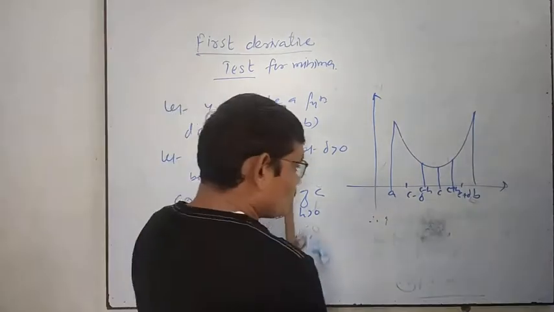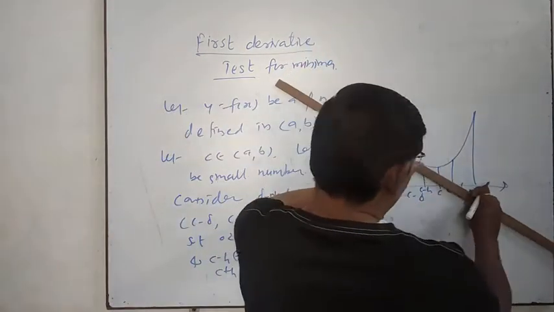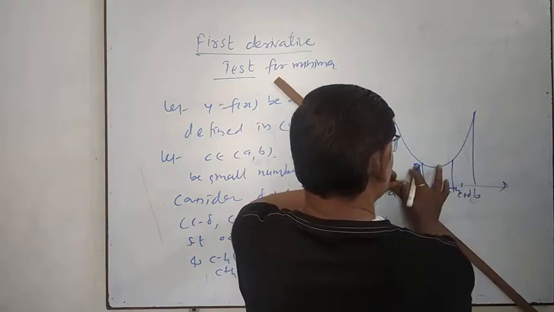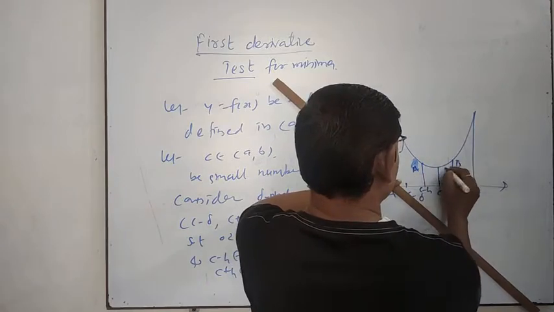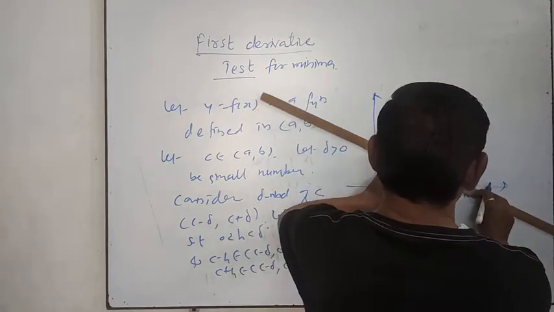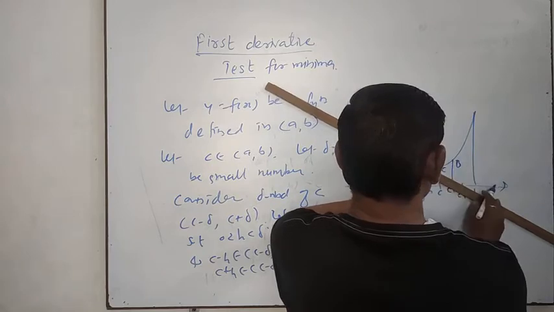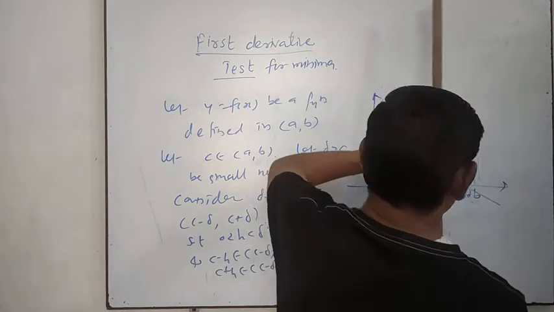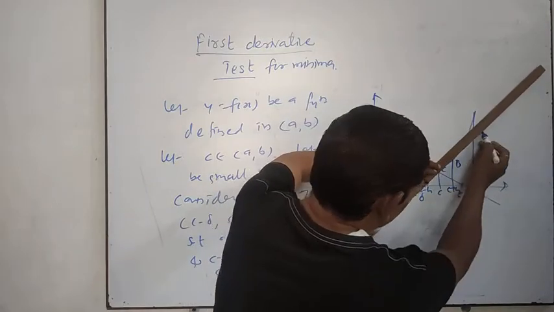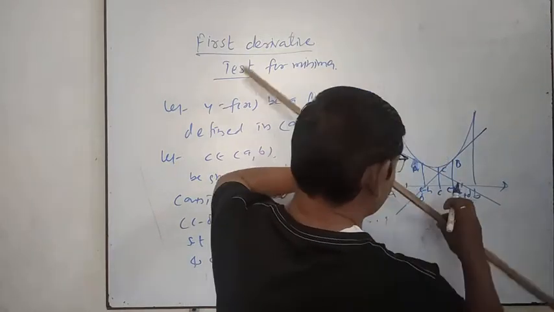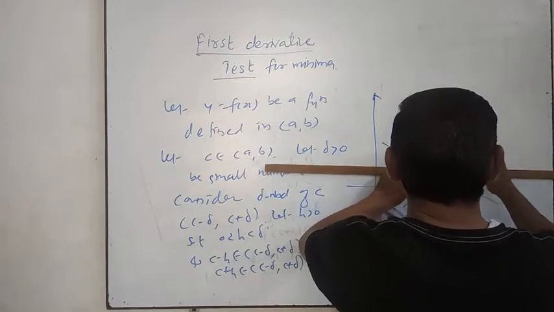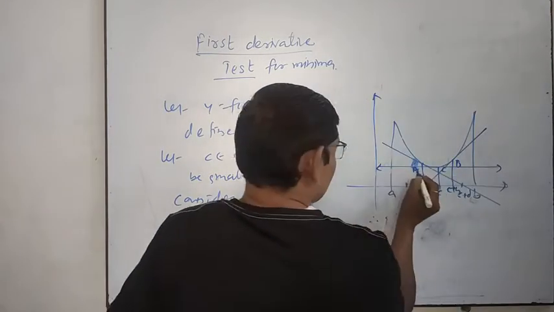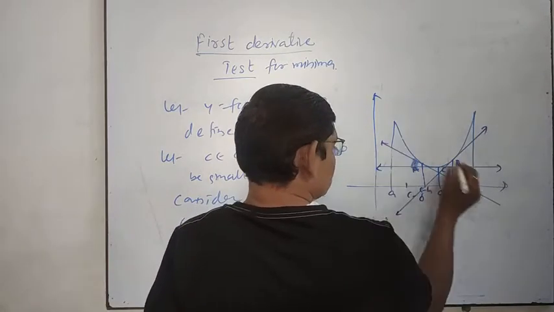Now similarly here we draw tangents at points A, B and C. We draw the tangents at these points: tangent at A, tangent at B and tangent at C. Three tangents.